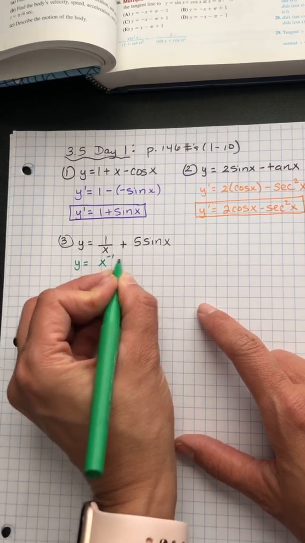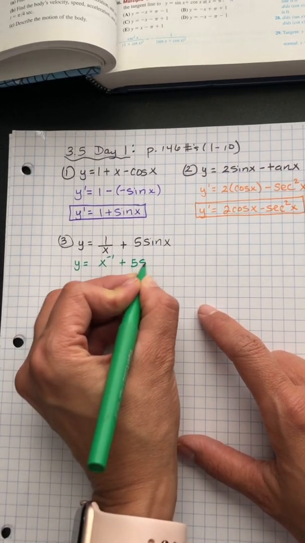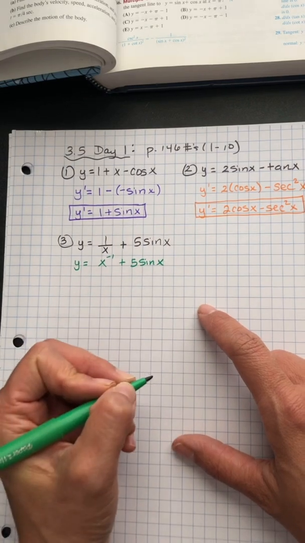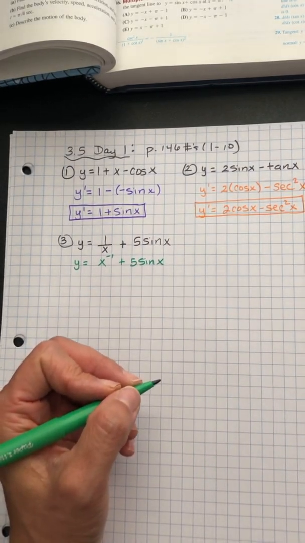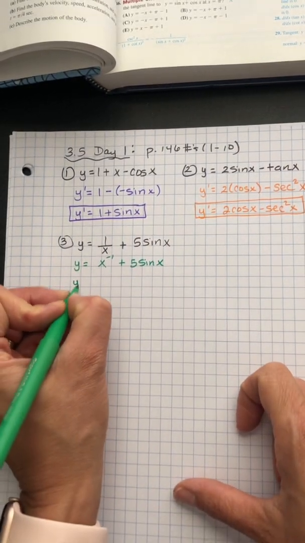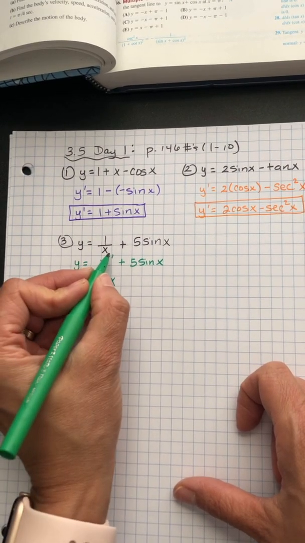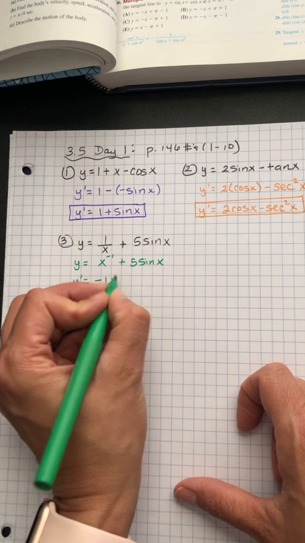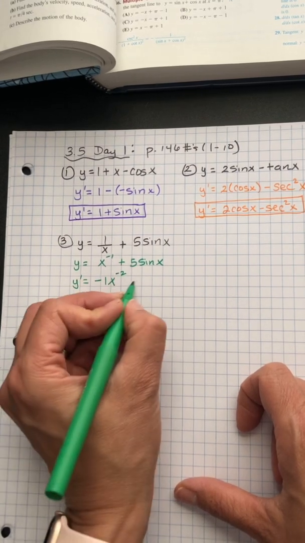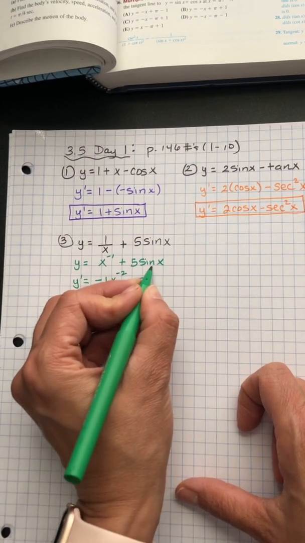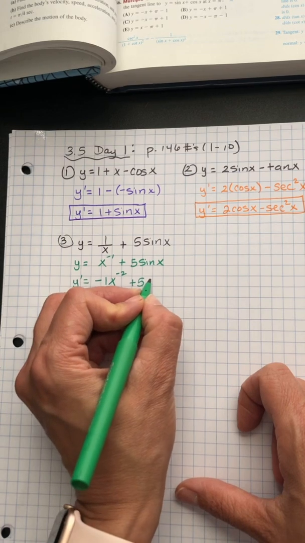Be x to the negative 1 power. And then when we do power rule, it'll be way easier. So now let's take the derivative. So that would be negative 1x, then we have to subtract 1 from the exponent, so that would be to the negative 2 power, plus 5 times the derivative of sine, which is cosine.